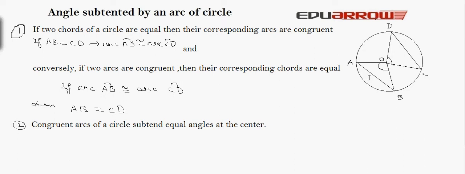According to the result, congruent arcs AB and CD subtend equal angles at the center. So angle AOB is equal to angle DOC, where arc AB is equal to arc CD.